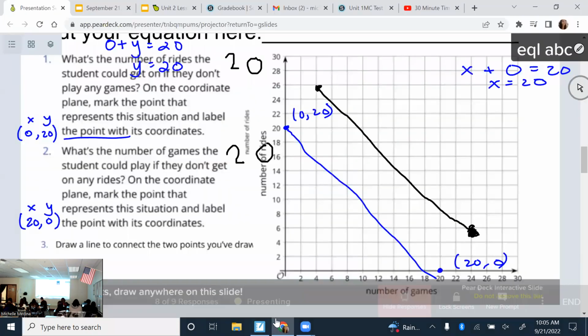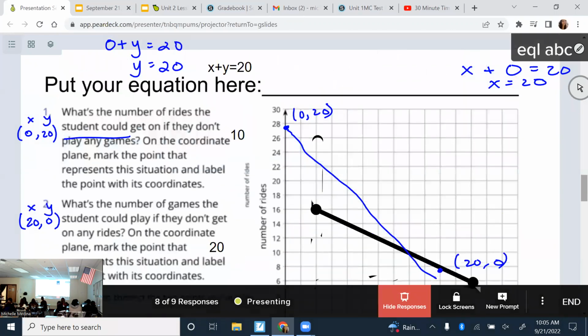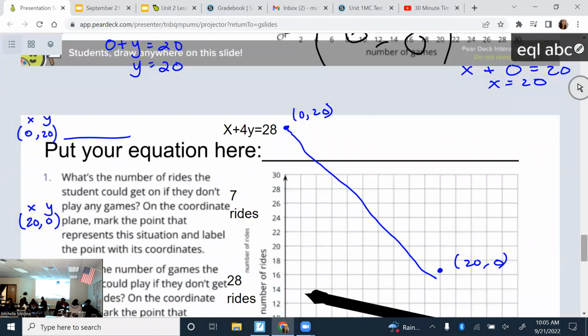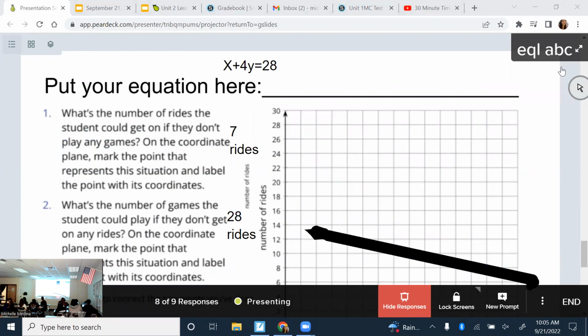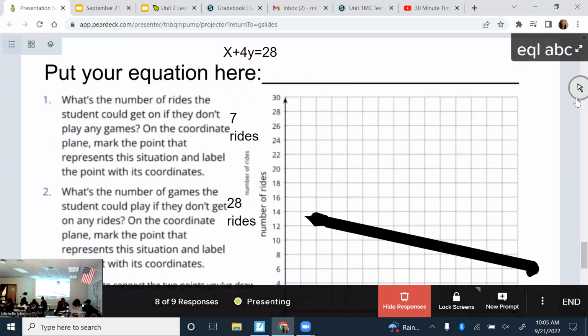Now let's look at equation 3, although I wasn't seeing that on here. Okay, here's one of them. So here's the equation for equation 3. So in this case, when they play 0 games, where would the 0 be plugged in? For the x, so it's 0 plus 4y equals 28.